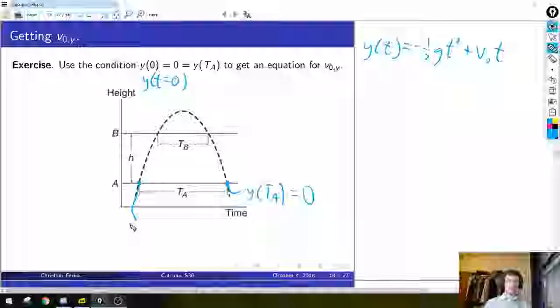Yeah, so this is the y of 0. Actually, I don't know why I really wrote it like this. This equation is true, because it's at height 0 at both of those times, but we don't actually use both of those conditions, we just use the second half. That's the only one that's useful. The first one's trivial.